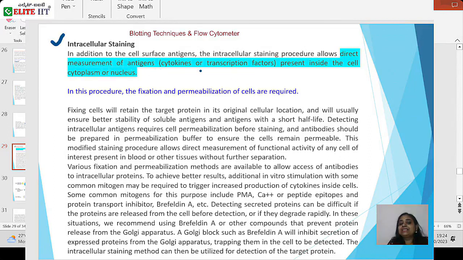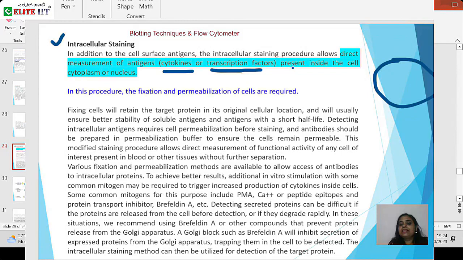Mainly the intracellular molecules are cytokines and transcription factors, present inside the cell. So if you want to detect those protein molecules, you have to follow intracellular staining.